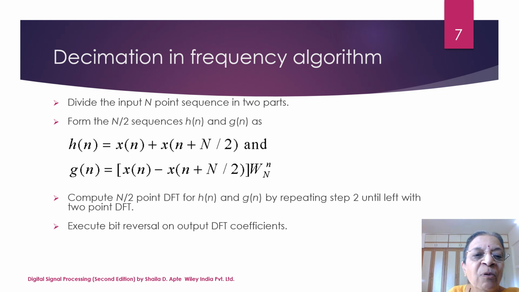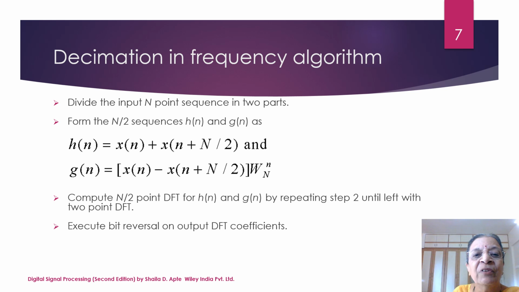So Hn is computed as x of n plus x of n plus capital N by 2, and Gn is calculated as x of n minus x of n plus N by 2, and this whole bracket is multiplied by W_N raised to n. Compute the N by 2 point DFT for Hn and Gn by repeating step 2 until we are left with 2-point DFT.